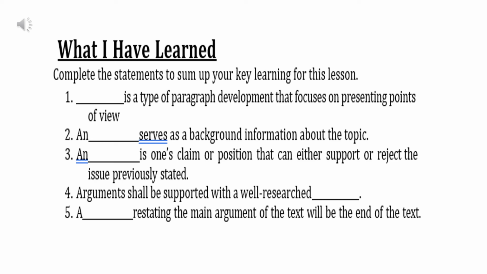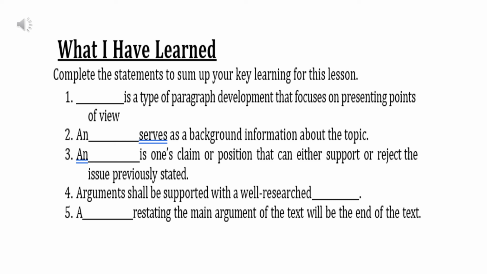What I have learned. Complete the statements to sum up your key learnings for this lesson. Number one, a persuasive paragraph is a type of paragraph development that focuses on presenting points of view. Number two, an issue serves as background information about the topic. Number three, an argument is one's claim or position that can either support or reject the issue previously stated.